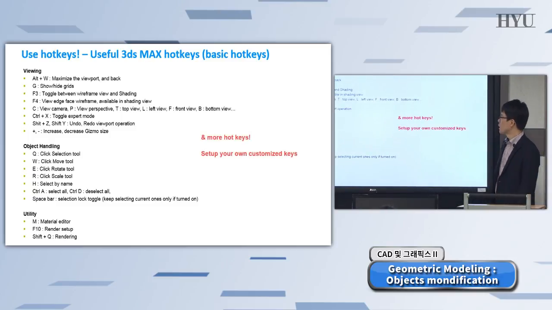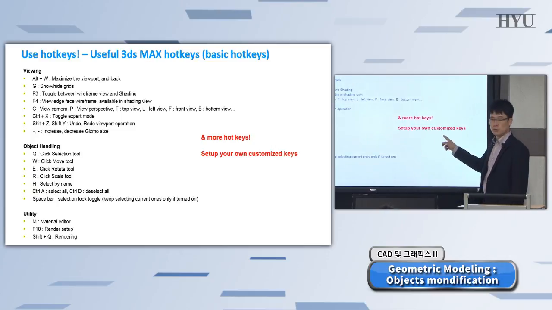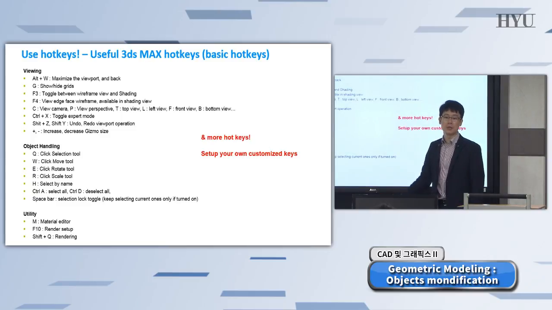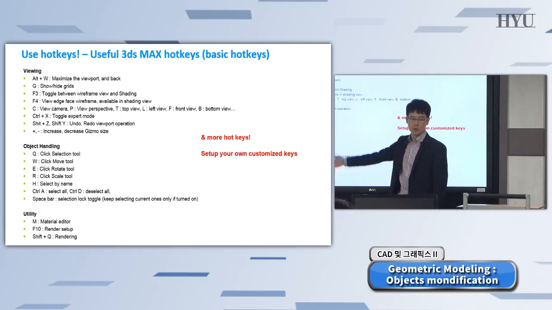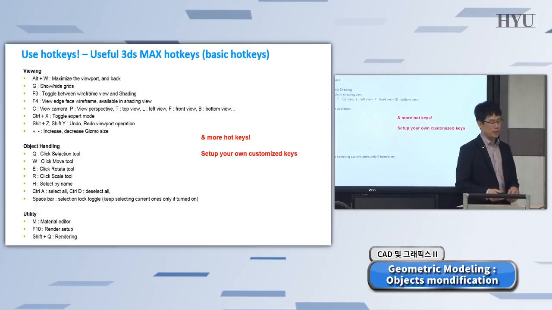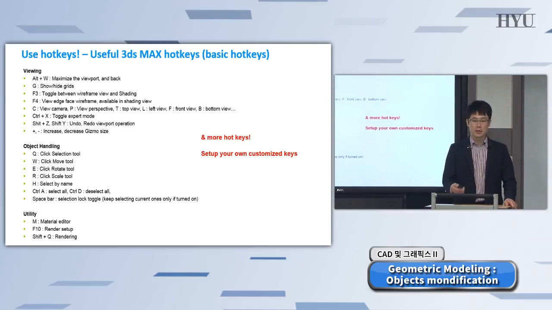Okay, and also there are lots of more hotkeys, and you can set up your own customized interface. Totally changed interface from default, but you don't need to change the interface. The computer is shared by other friends, so we can use some simple default interface using those default hotkeys and the basic interface things. Okay.